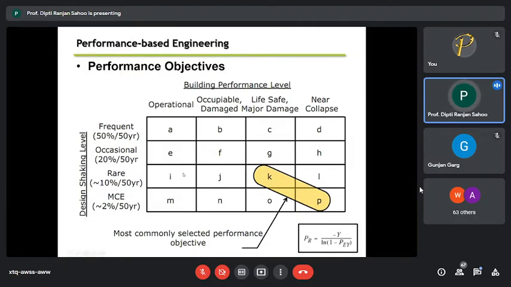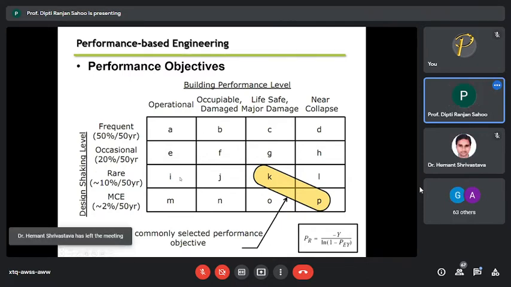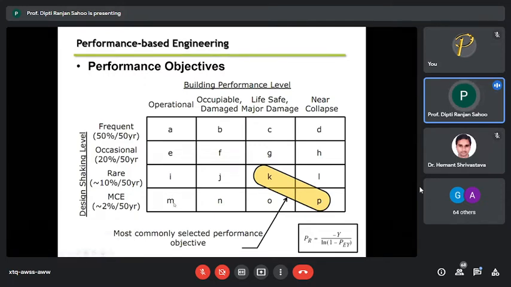If I go further down, that is maximum considered earthquake, or rare earthquake with operational, I'm going to a more important structure. And if I am looking for only M, it's very, very important structures.